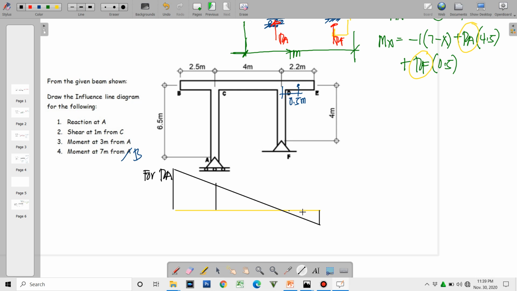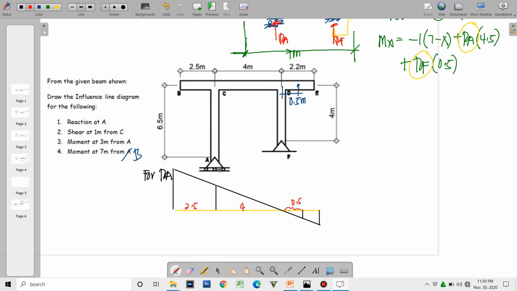Okay, we'll be needing the value of our ordinate 0.5 from D. So this is 0.5, this is 4, and this is 2.5.